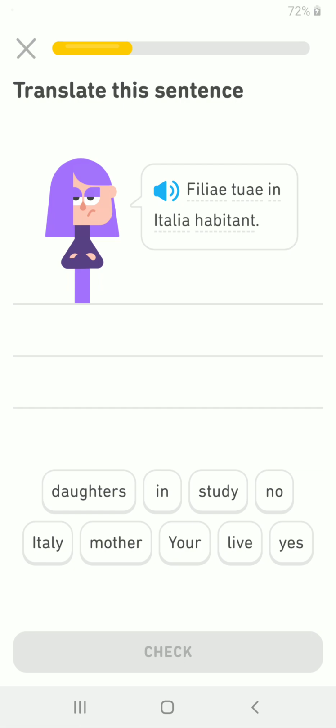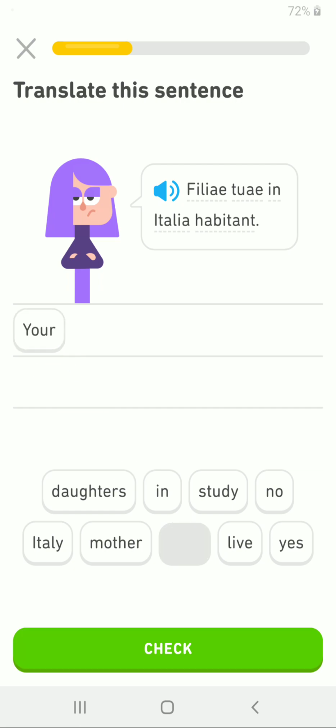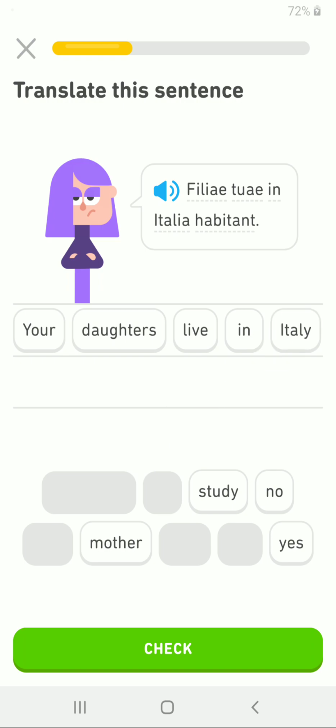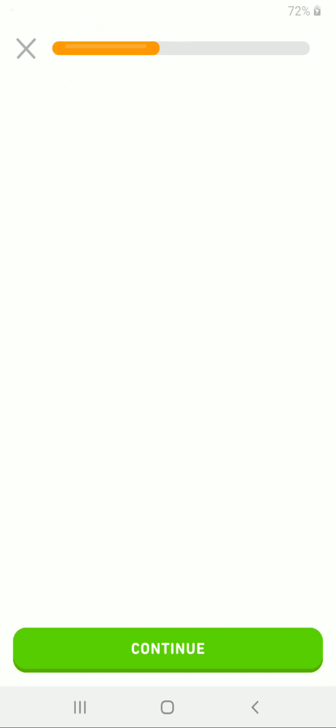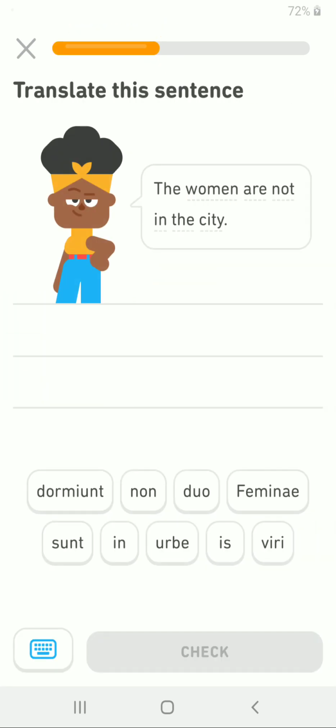Filiae tuae in Italia habitant. So your daughters live in Italy. Habitant. Pueri domi, sorry. Sunt ne pueri domi. Easy. The women are not in the city.